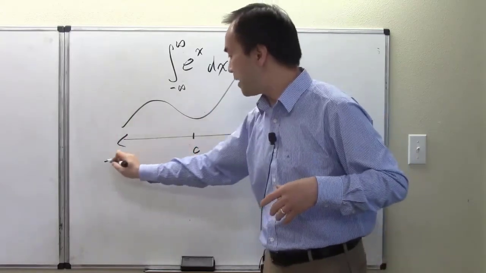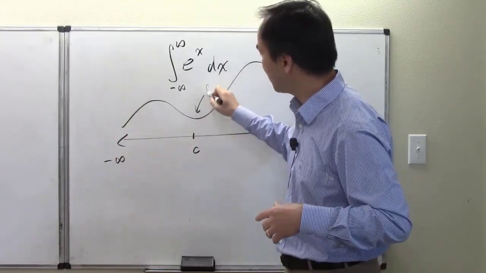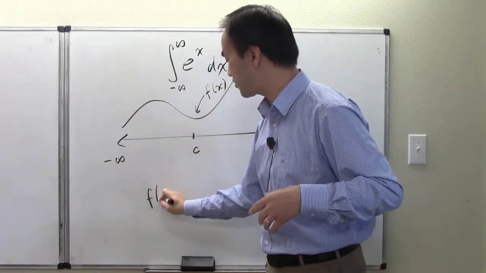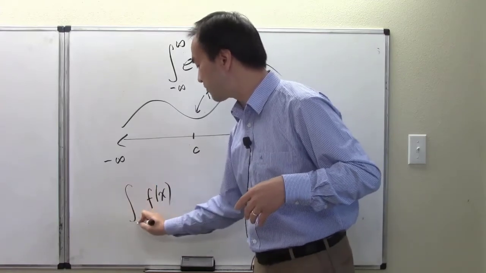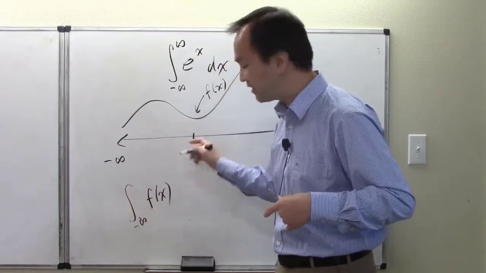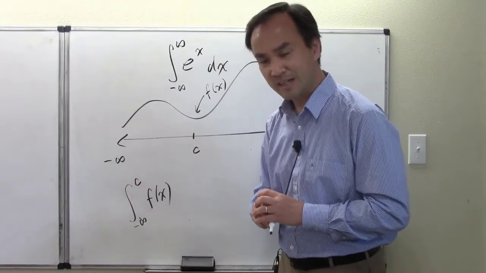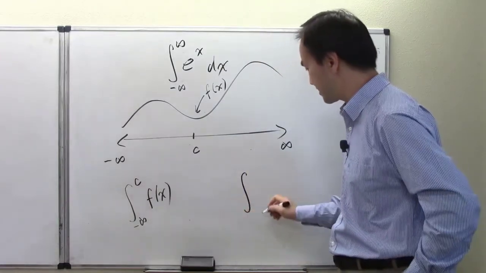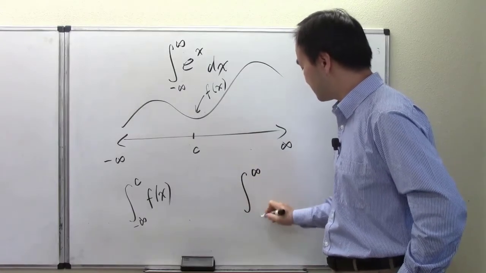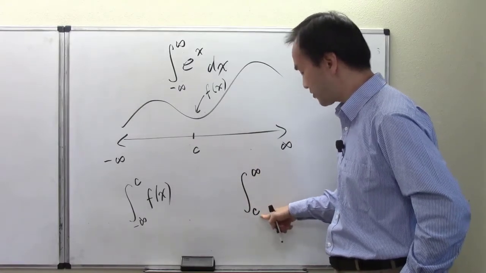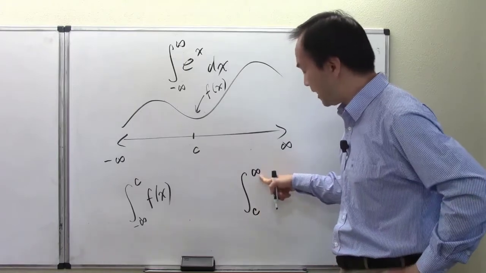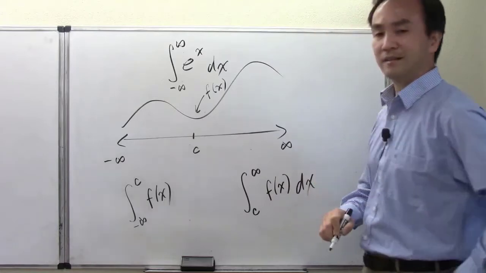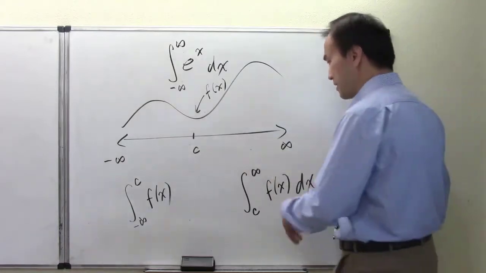Then from minus infinity to c on this function f of x, we can do accumulation from minus infinity to this finite c value that we chose. And then we can consider a separate interval, accumulating from c, the finite value, to positive infinity on this same function. And that c value can be a 0, can be a 1.